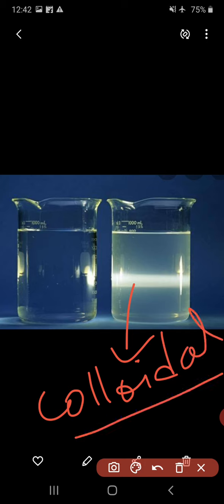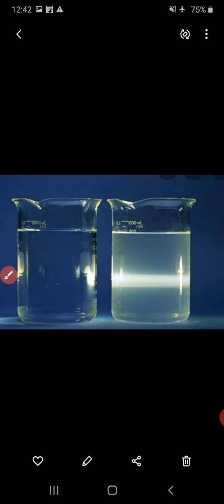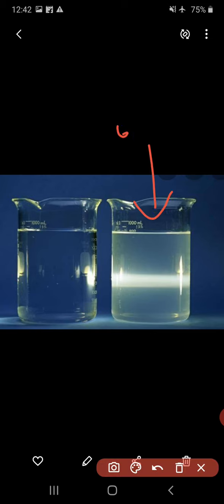Here the beam of light is scattered over the space provided. Why is it scattered here? I will explain. If we add milk into that beaker, the particles of milk are larger. If the light beam passes through these particles, it is scattered everywhere so that we can easily see the beam of light in the beaker.